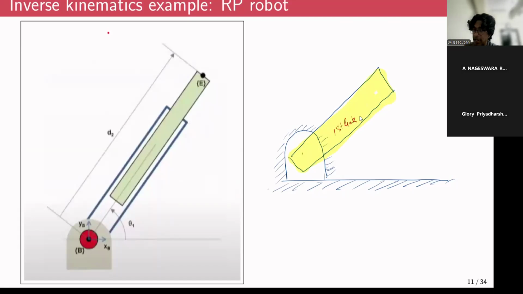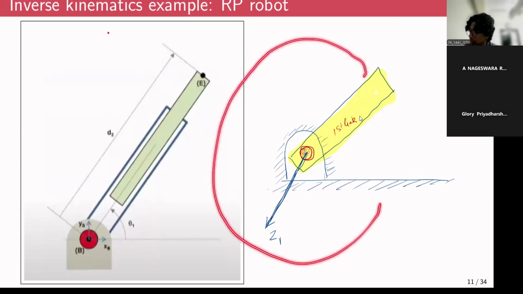And I'll attach the first link to the ground using a revolute joint. So the axis of the revolute joint will be perpendicular to the board. You have your Z1 axis, right? So that this link can rotate like this, vertically.